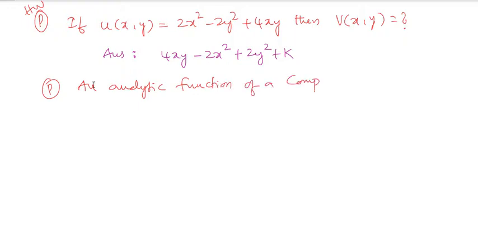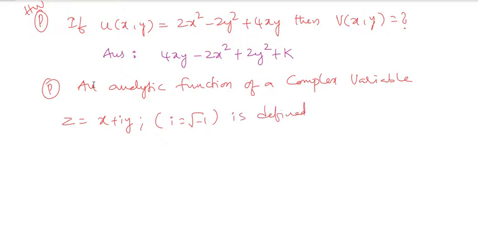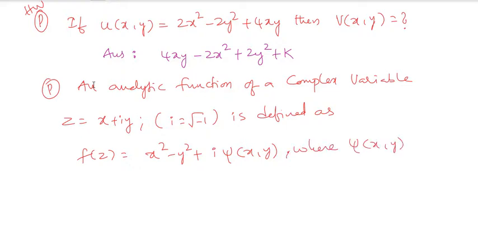An analytic function of a complex variable z, which is equivalent to x plus iy, where i is equivalent to root of minus 1, is defined as f of z is equivalent to x square minus y square plus i into psi of x comma y, where psi of x comma y is a real function.